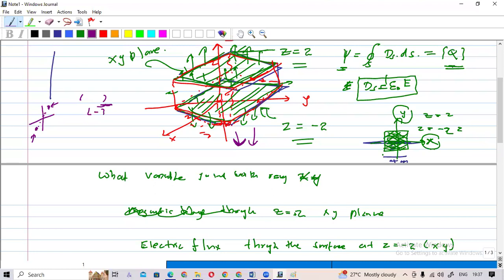Here, in the Z minus direction, this is the Z minus direction. So we have to consider the E field in this direction, the minus side. Normally the E field is in this direction.